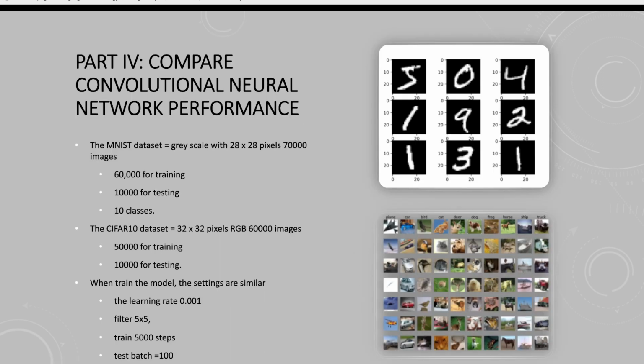In part 4, we will compare the performance on different data such as the MNIST dataset and the CIFAR dataset. The MNIST dataset is binary images composed of white and black, or we can call it grayscale, with 28 times 28 pixels.